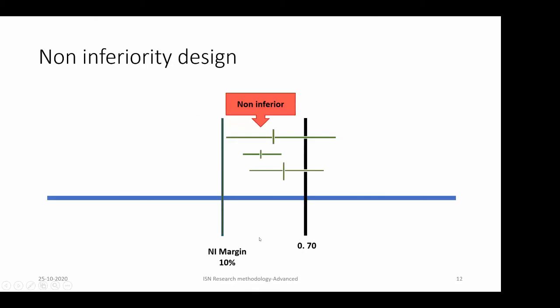Now, in a non-inferiority design, again the same scenario, but we are testing a new drug against the standard therapy, and we want to prove that this drug is non-inferior to the existing drug. So why do you want to prove that the drug is non-inferior? Sometimes the existing standard of care might be pretty toxic, or there might be difficulty in the administration. So it might be in an intravenous form.